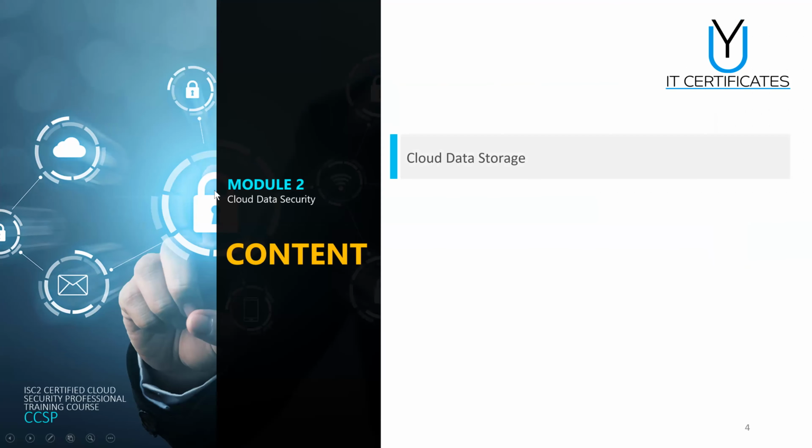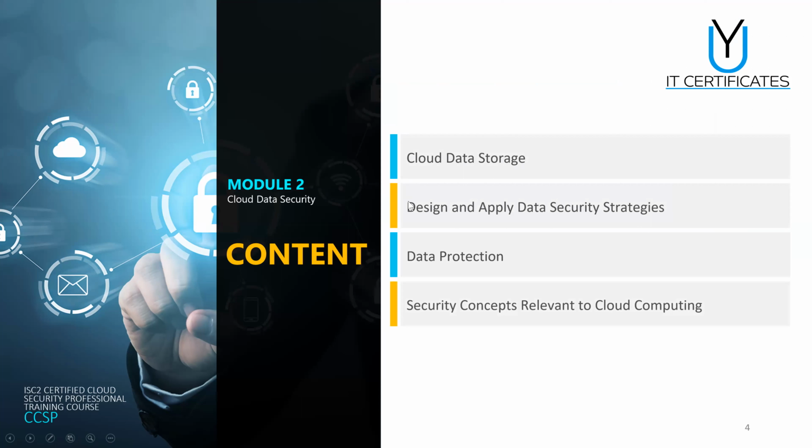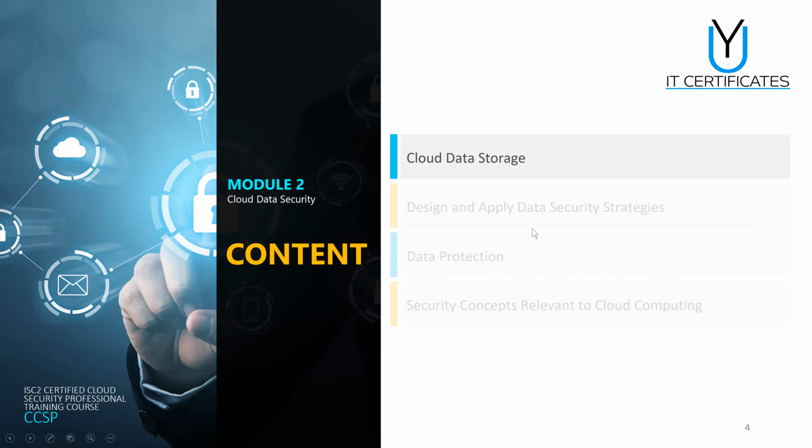We will cover a lot of topics: the different types of cloud data storage, designing and applying data security strategies, data protection, and the security concepts related to data hosting in cloud computing.